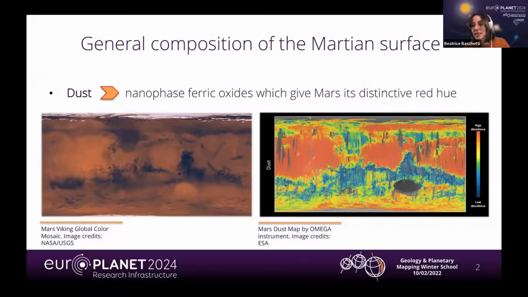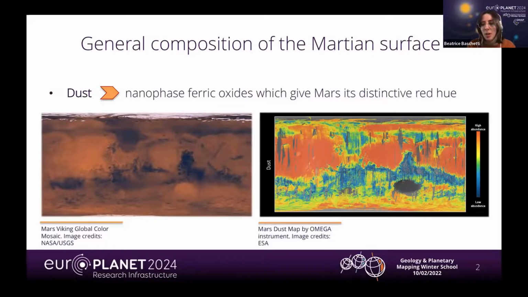Dust has an impact on the observation because it obscures a large portion of the planet and prevents the surface from further probing by remote sensing. So when the dust layer is too thick, we cannot see anything other than the dust.